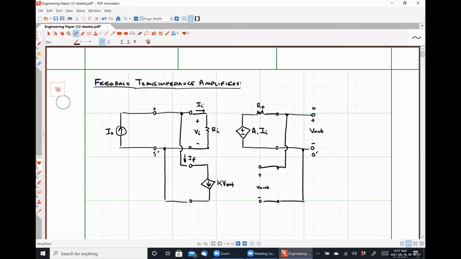So everything on the top is once again our open loop amplifier. And everything that's connected on the bottom is, as per usual, the feedback network.